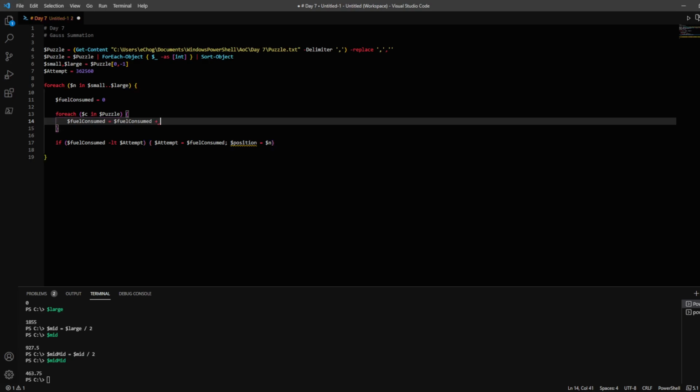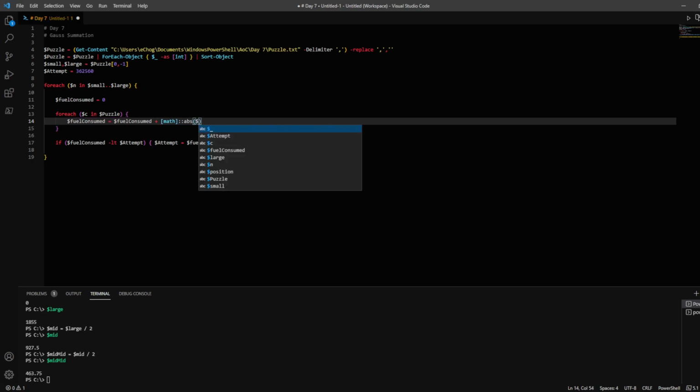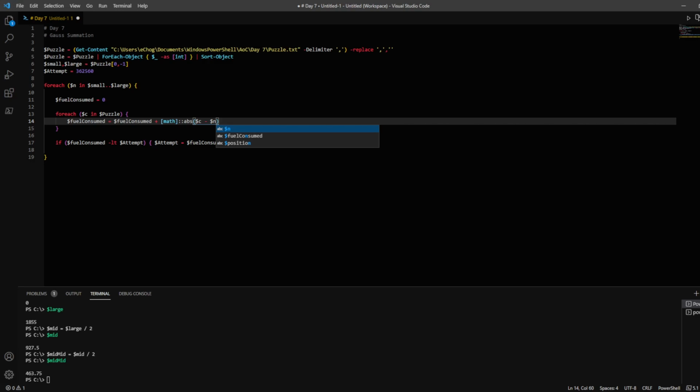Plus, and this is something you guys haven't seen before, math, and we need an absolute number. Sometimes this number will be negative. So if our crab is in position 0 and n happens to be, let's say, 4, or even 837, that's going to yield a negative result.